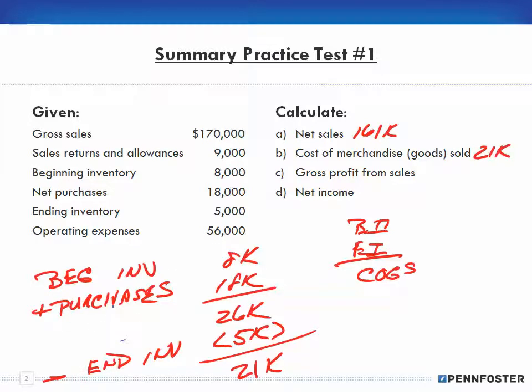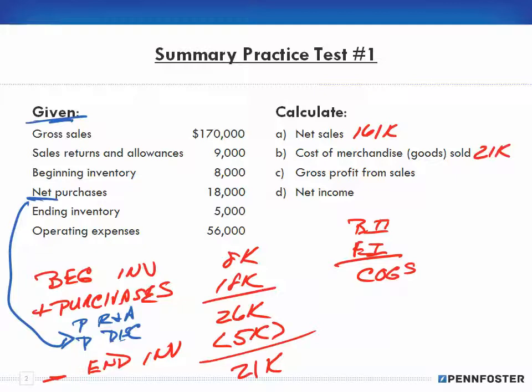With these purchases, I can have purchase returns and allowances. I can also have purchase discounts in here. So I can end up expanding that formula even more depending upon how I break down my data and my information. In this case, given it's telling us we have net purchases, that net purchases already takes into consideration our returns and allowances and our discounts, so we don't have to think about that.